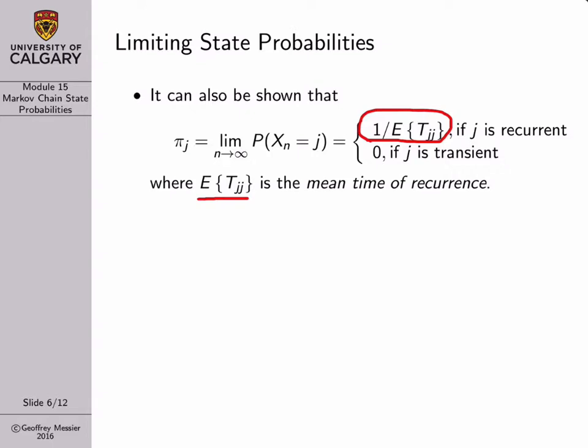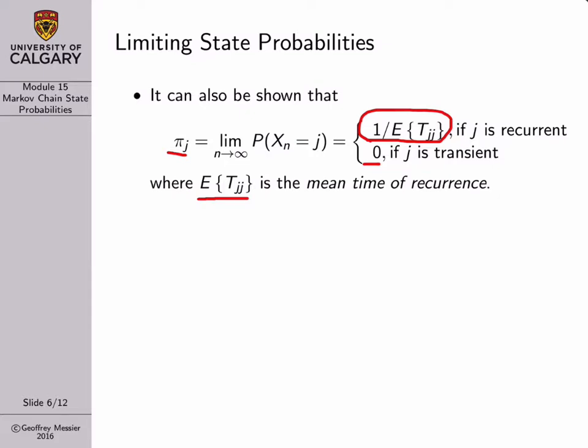So once you leave state j, the mean time of recurrence is the average number of time steps it takes to come back. So if state j is recurrent, the limiting state probability is equal to 1 over the mean time of recurrence. If a state is transient, then the limiting state probability is always equal to 0.